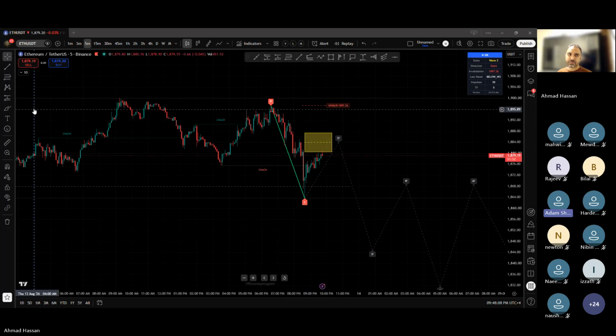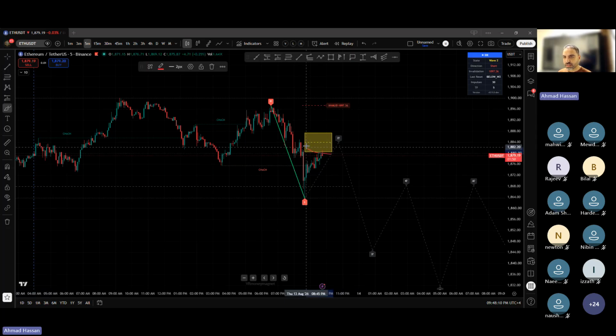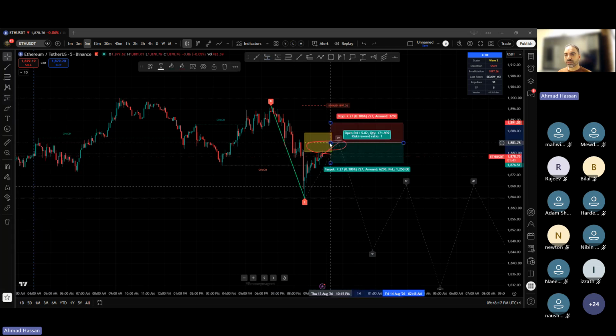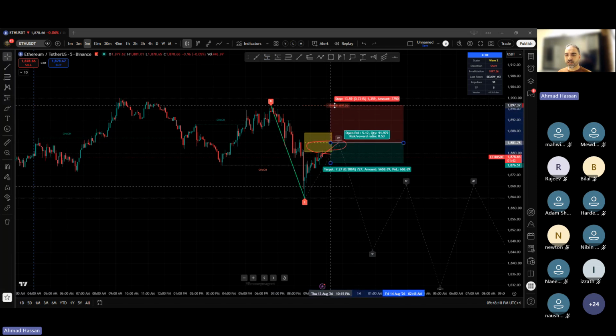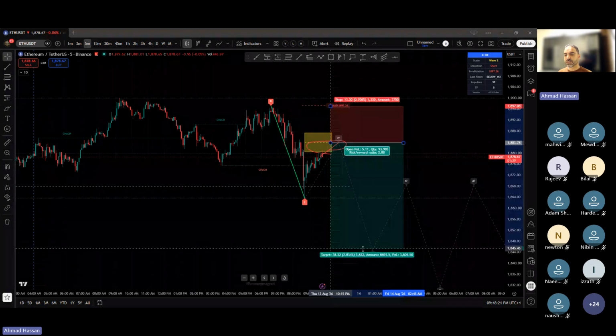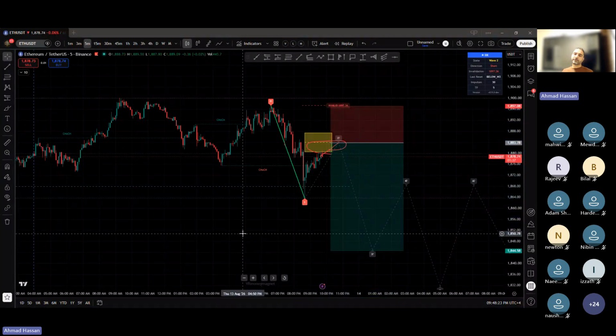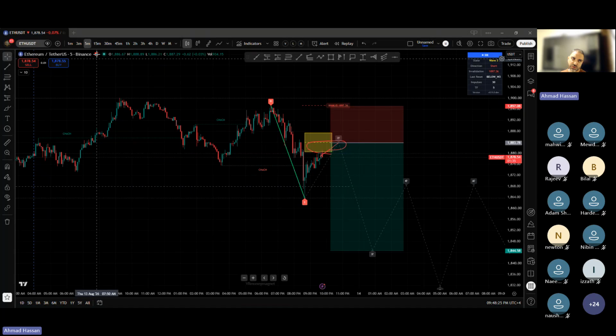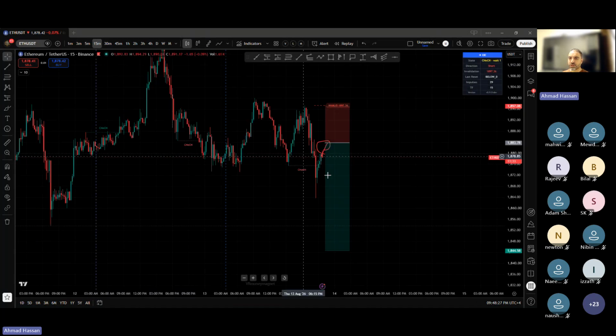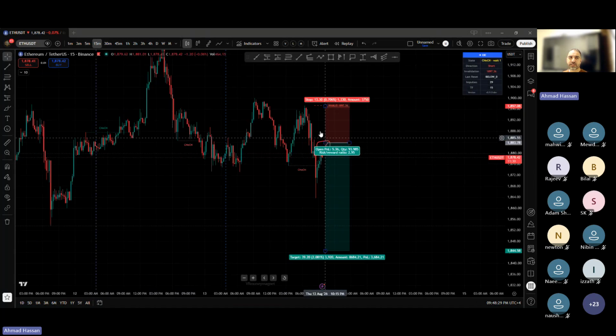Not now. Probably this is the zone where the market can come back for the second wave. There could be a chance that we can take a sell from here, a short from here, and we can target the previous low and go for the third wave, which is the longer one, almost a $40 movement. Depends on you again, because the change of character has already happened. This is the retesting that is happening.